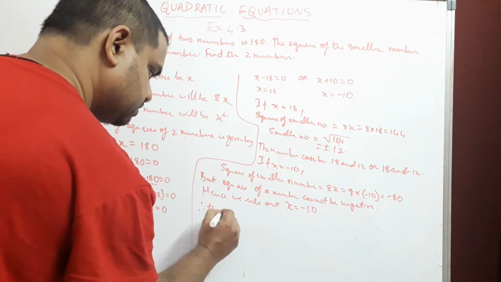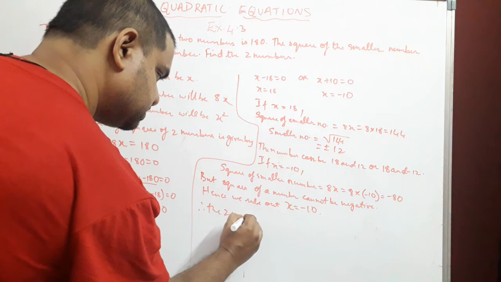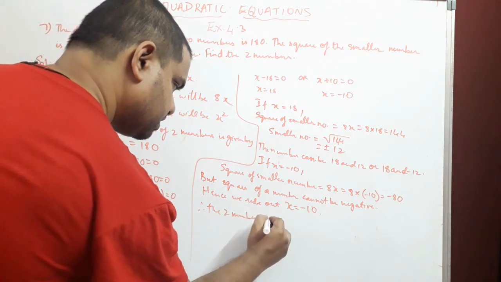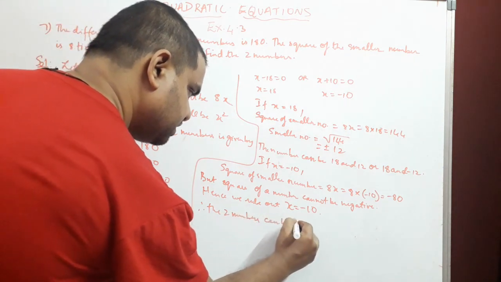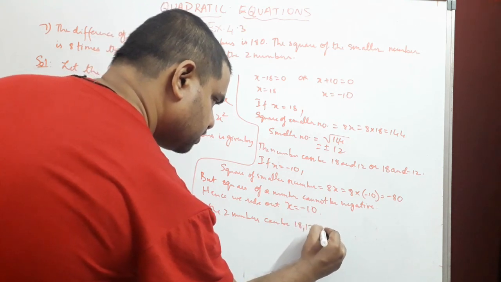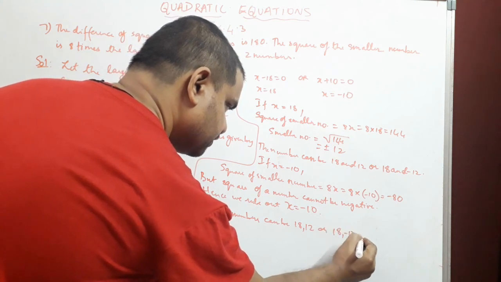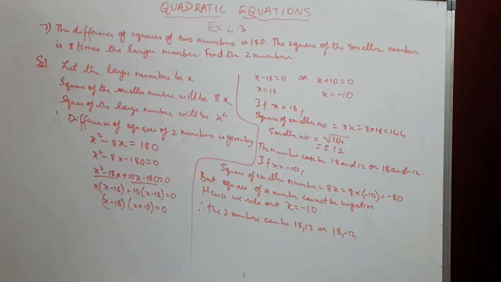Therefore, the two numbers can be 18 and 12 or 18 and negative 12. Okay, any of these two numbers. With this, we solve the questions in this video.